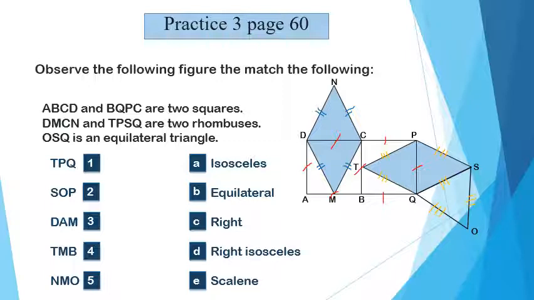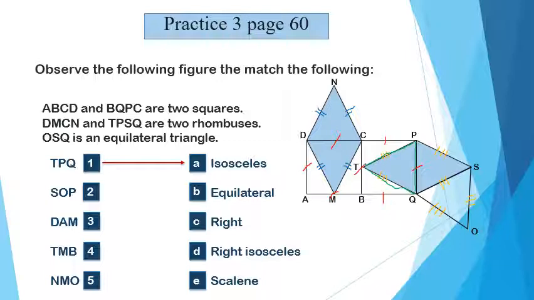Now TPQ is what? TPQ, this triangle in green, what type of triangle is it? Since we have TP equal to TQ, it has 2 equal sides, then TPQ is an isosceles triangle.